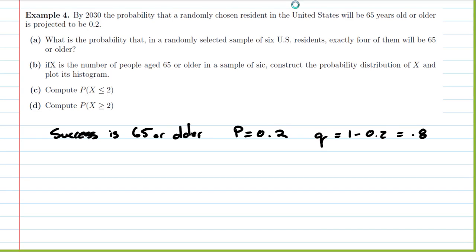All right, so what is the probability that exactly 4 of them will be 65 or older if we randomly select 6 people?